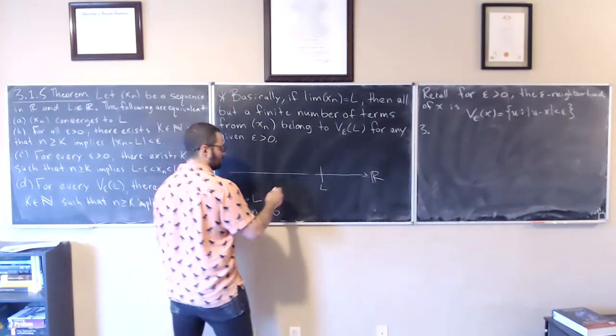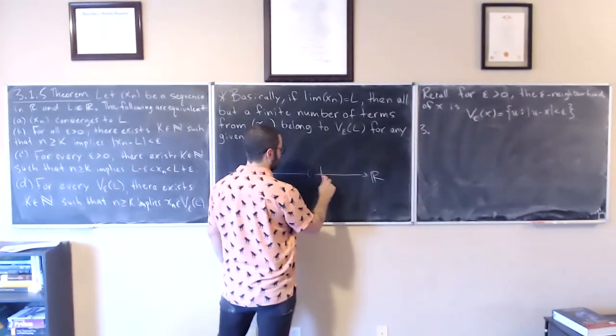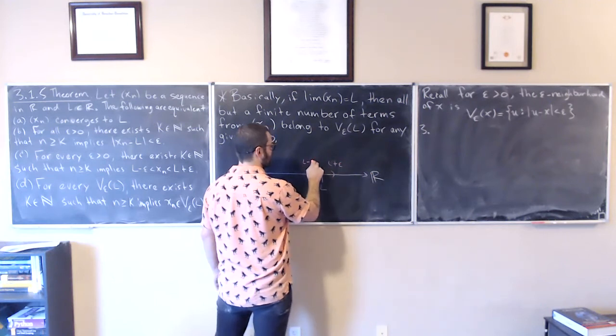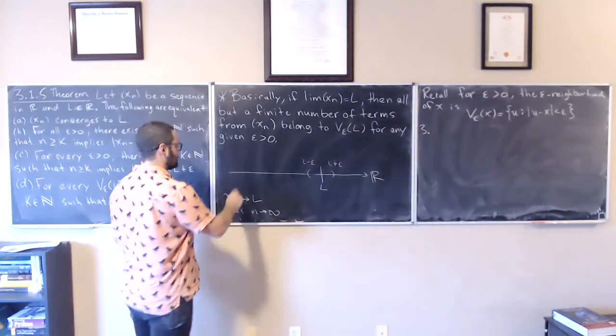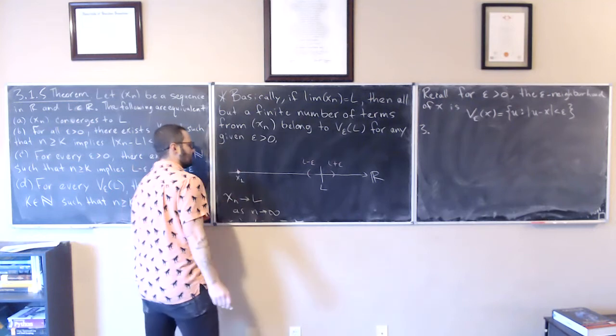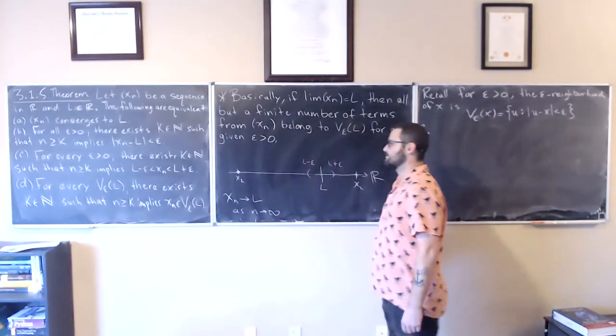Then for a given epsilon greater than 0, there is some epsilon neighborhood around L, from L minus epsilon to L plus epsilon. There are terms like x1, which might be over here, and x2 right there.